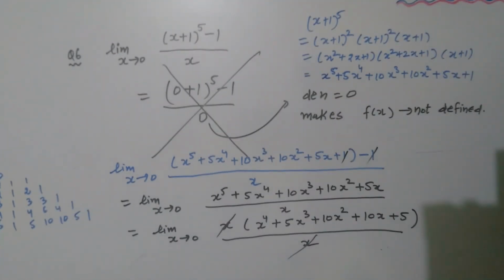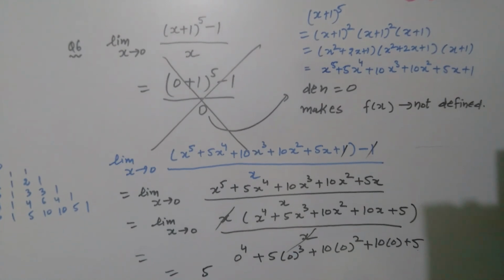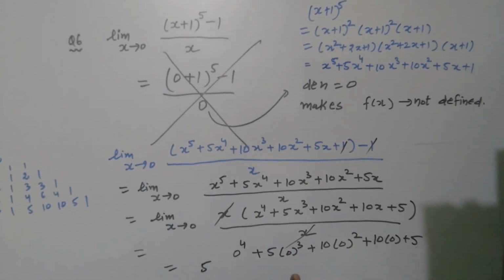Now we put x is equal to 0 in rest of the terms, that is 0 raised to power 4 plus 5 into 0 raised to power 3 plus 10 into 0 raised to power 2 plus 10 into 0 plus 5. So what you say, what is the final answer? This is equal to 5. So 5 is the final answer to this question.